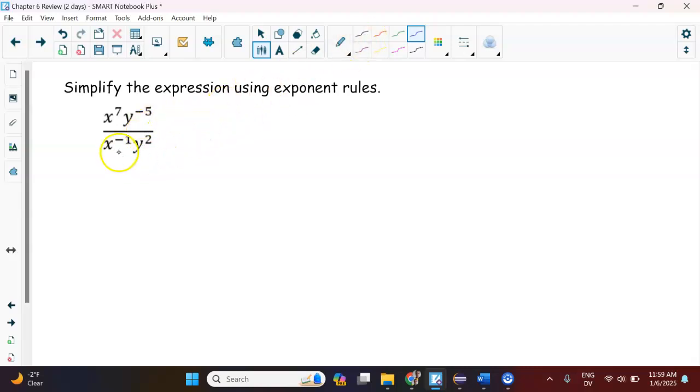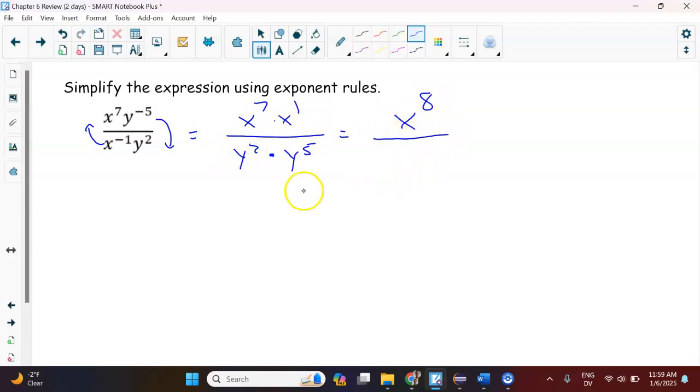Right, so what I'm going to actually do here instead is just flip the -1s. So I'm going to bring x to the -1 up and y to the 5th down. Okay, so we have the x to the 7th and it's joined by an x to the 1st there. And then in the bottom we have y squared, and that's being joined by a y to the 5th. So just flip the -1s. And then from here up top, we add those together. We have 8 total x's.